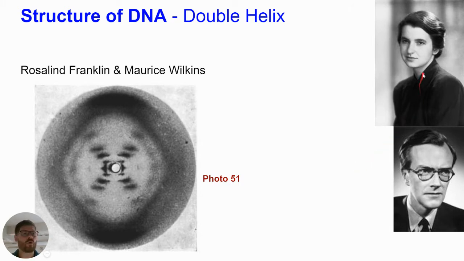Anyway, so Rosalind Franklin, she took this photograph right here. It's a very famous photograph. It's called Photo 51. And what this photo shows, you see this like X right in the middle of it there. And this is like a photograph, sort of like looking down the tube of DNA, right? Like at a specific angle.